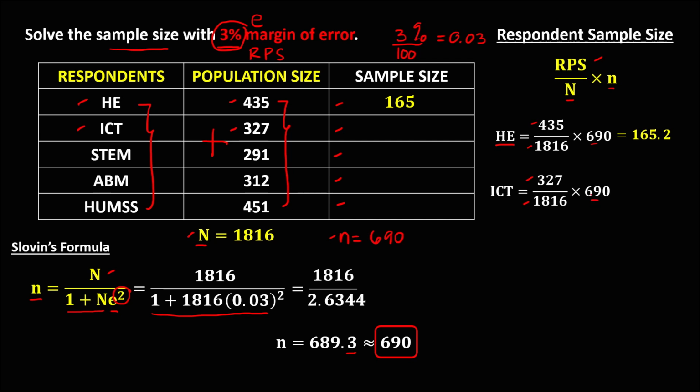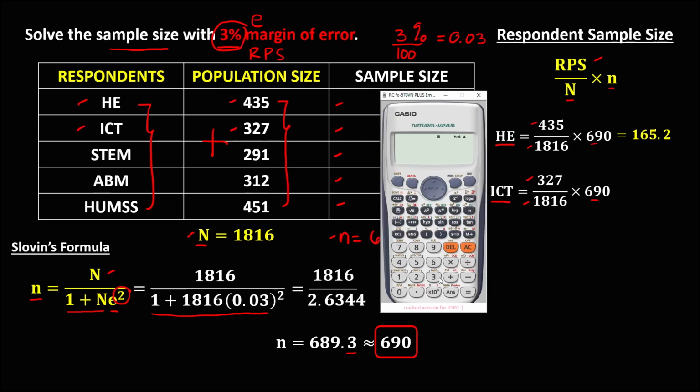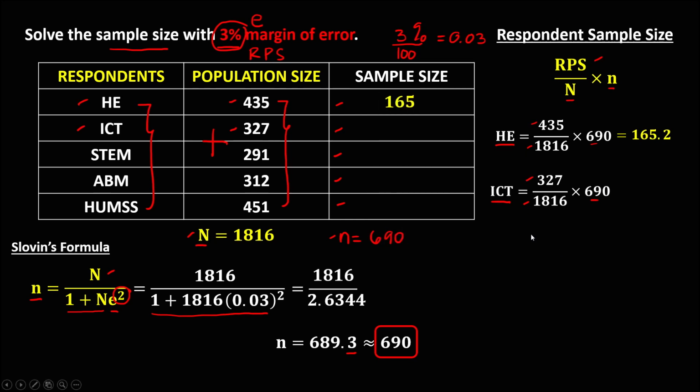Then for this respondent, the ICT, observe that the respondent population size is 327, over the total population size times the sample size. So we have 327 divided by 1816, then times 690. So the sample size for ICT is 124.2, or 124.